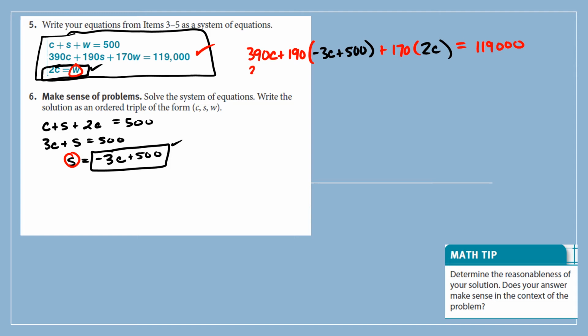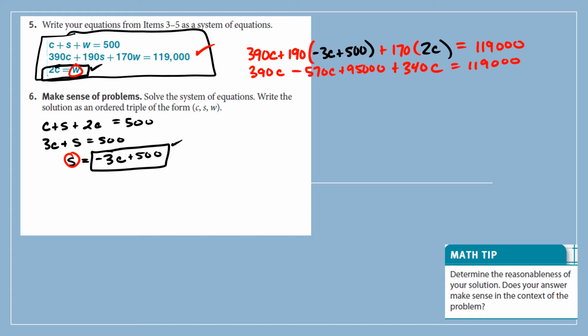All right, so yeah, these are some high numbers, but I'd have negative 570C plus 95,000 plus 340C equals 119,000.